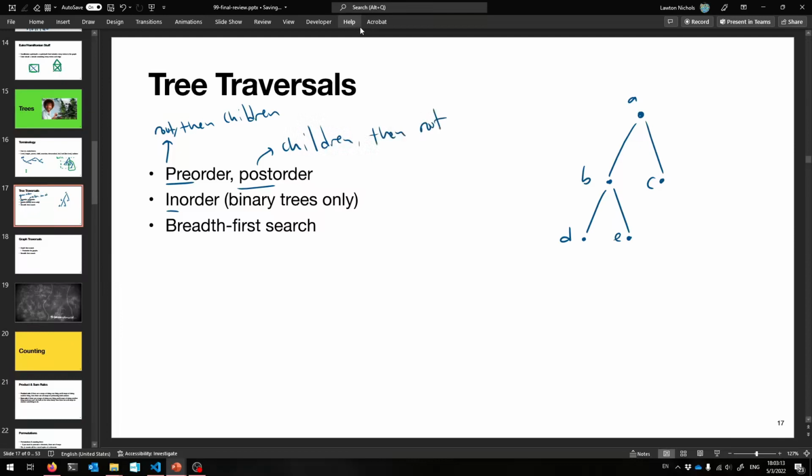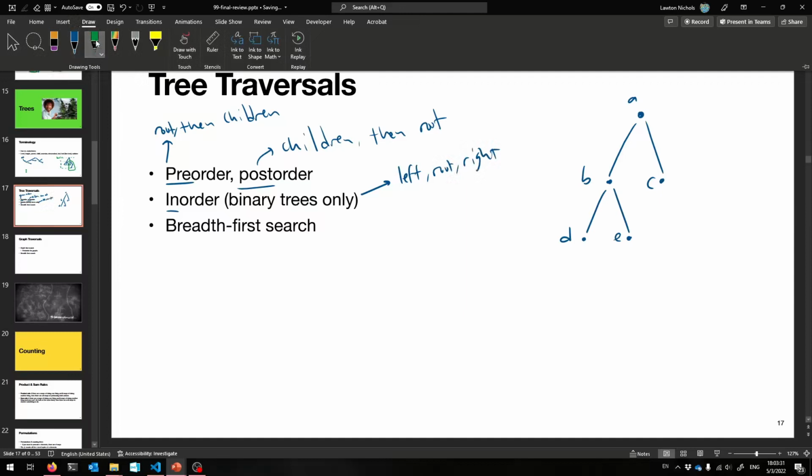Okay? And then in-order, it's when it's a binary tree, you have a left and a right only. Your root is in between the left and the right. So it's left, recursively visit the root, then recursively visit the right. Okay? So let's do this for pre-order.